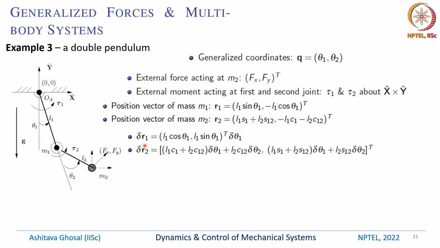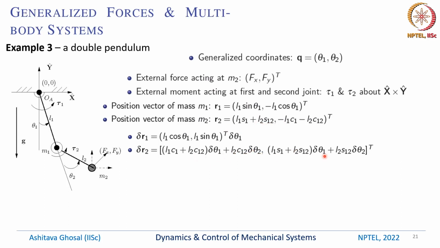We can find delta R1, which is the derivative of this: L1 cos θ1 and L1 sin θ1 into delta θ1. Likewise, delta R2 has x component (L1 cos θ1 + L2 cos(θ1 + θ2)) into delta θ1, and then L2 cos(θ1 + θ2) into delta θ2. Basically we have to take the derivatives and use the chain rule.